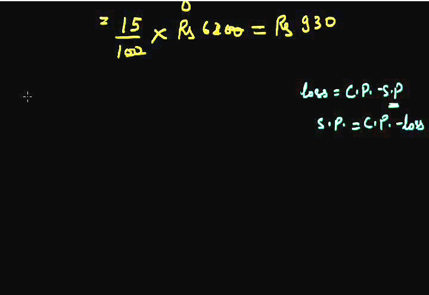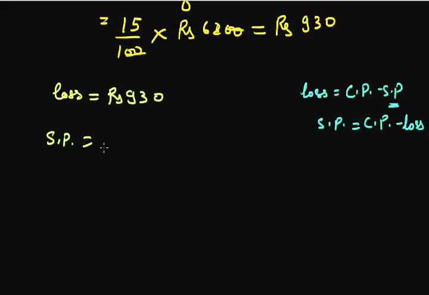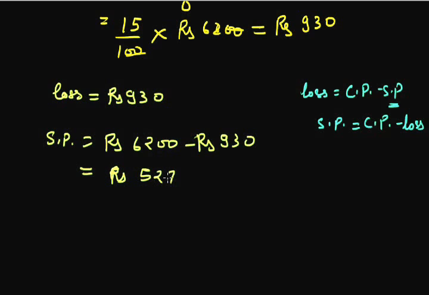Here we have the loss of rupees 930. So the selling price will be equal to cost price, that is rupees 6,200, minus rupees 930. So it will be equal to rupees 5,270.